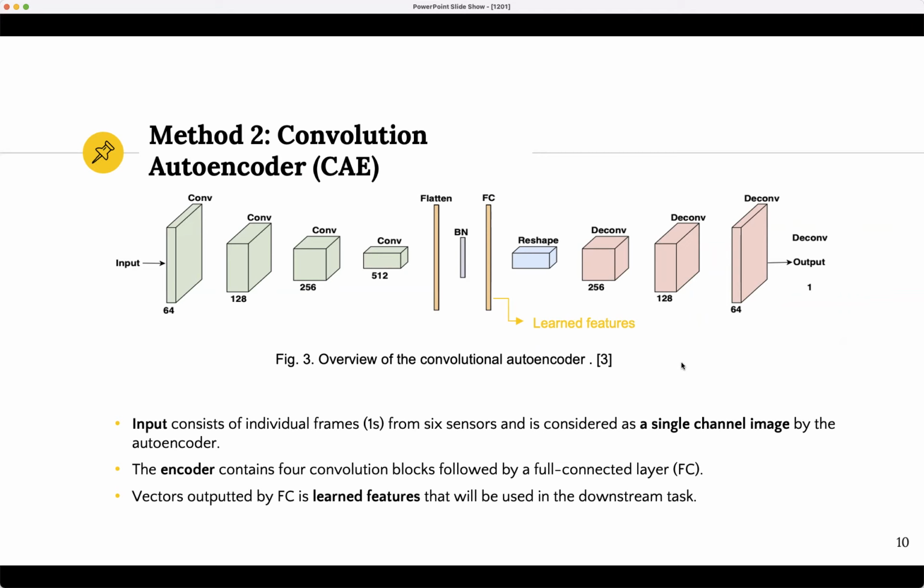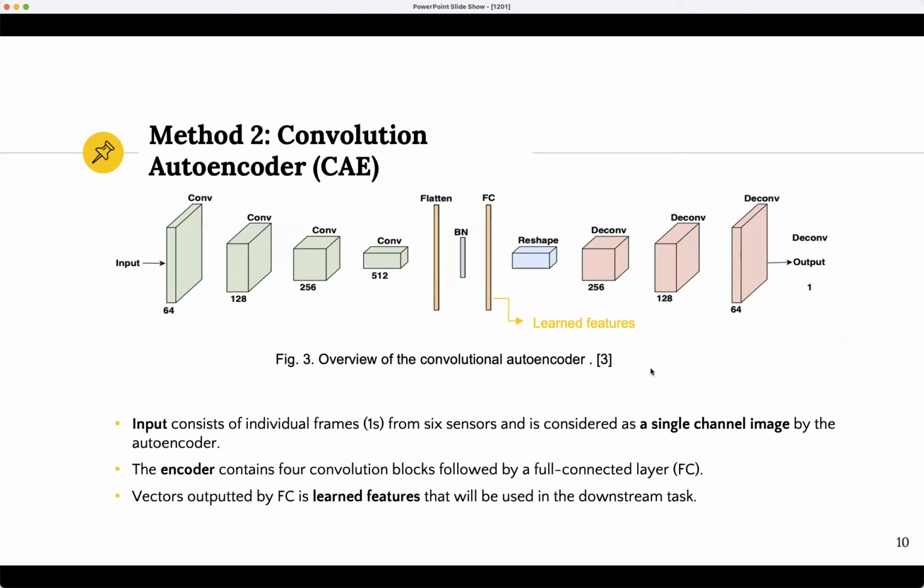Actually, this scheme is applied to all the methods I introduce today. You can also use a different input scheme, like the frequency domain. Before, I read a paper named DeepSense, which uses the frequency, but here they all use time series signals.